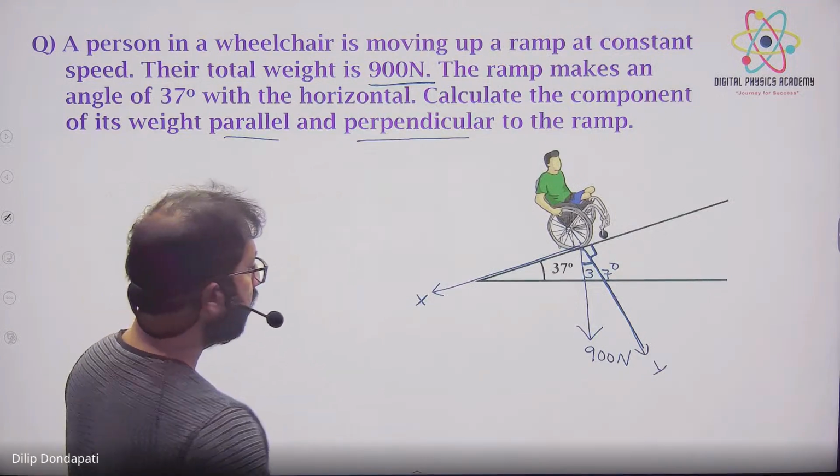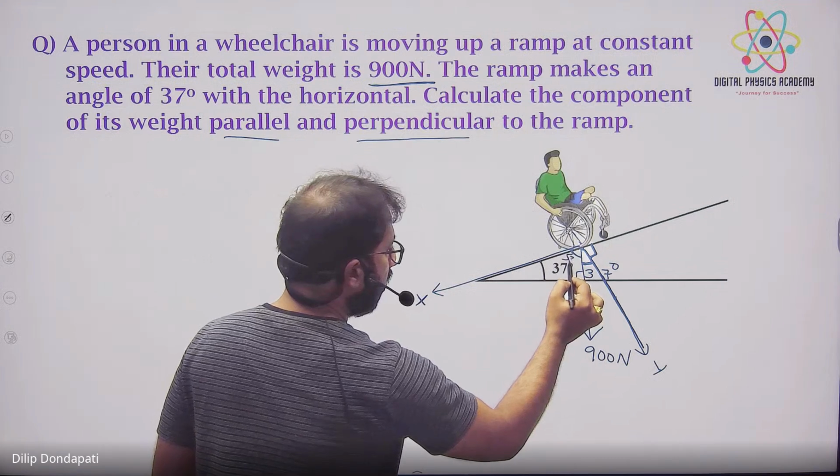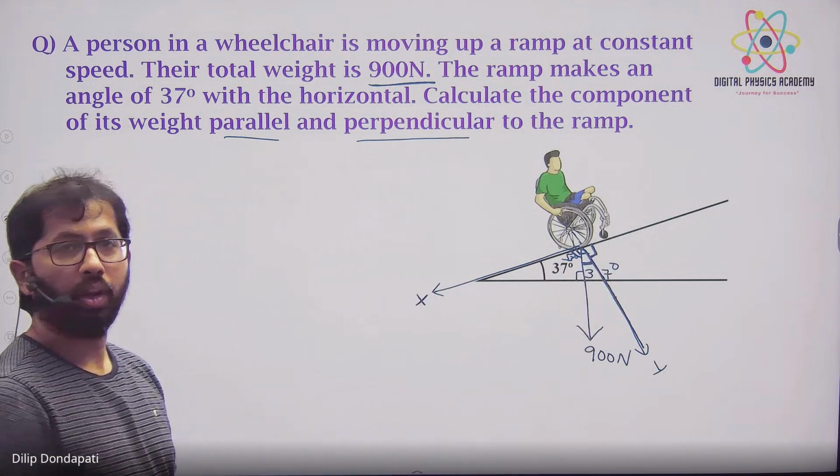The angle next to it is 53, and this is 90, so this will be 37 because the total angle is 90. Now take the components.